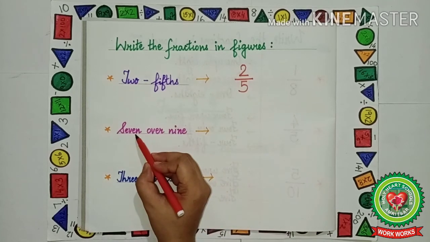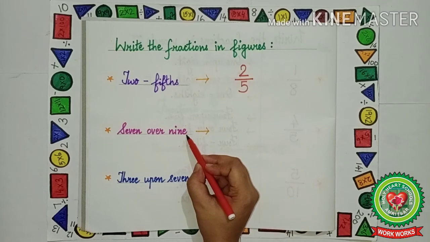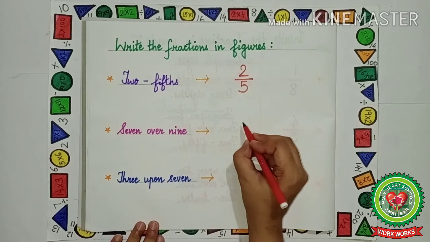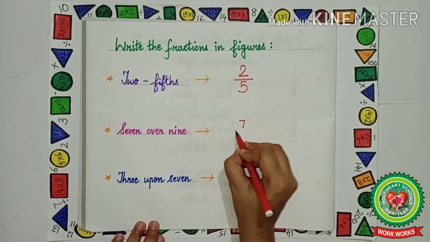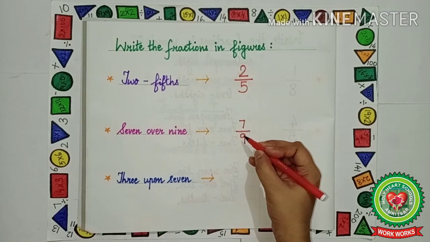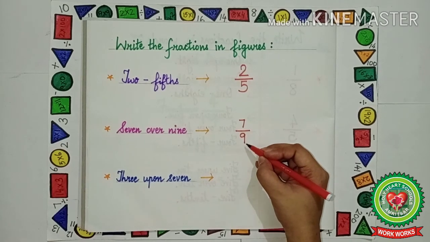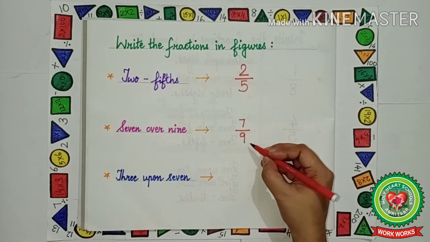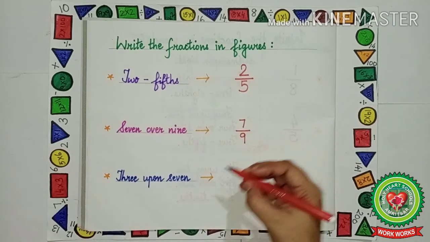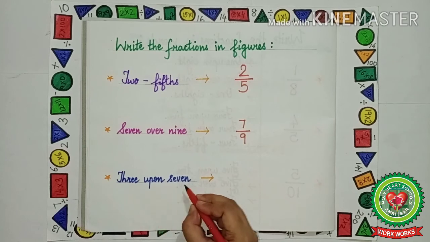Let us take the next example. 7 ninths. So 7 will be the numerator and 9 will be the denominator. So let us write 7/9. We can also read it as 7 over 9 or 7 upon 9. Now let us take the next example. 3 sevenths.